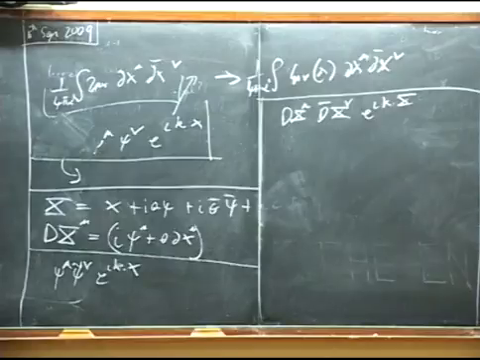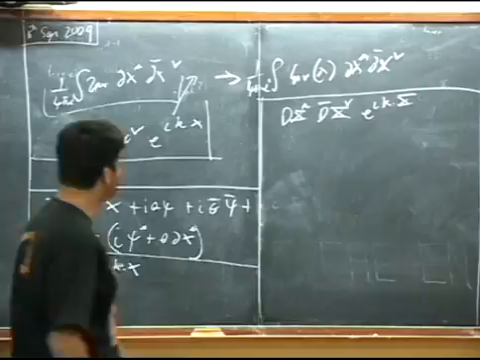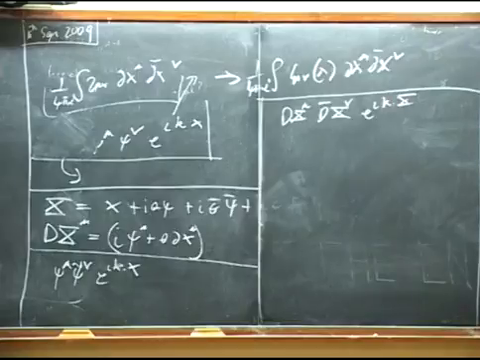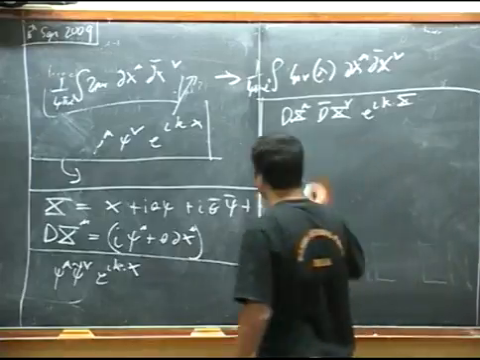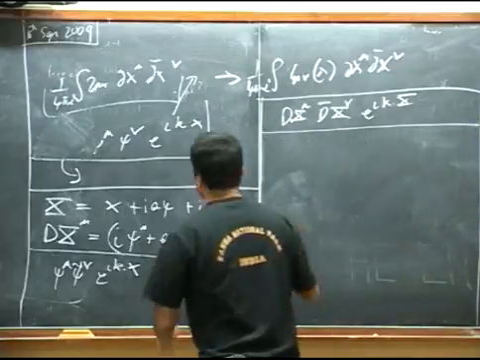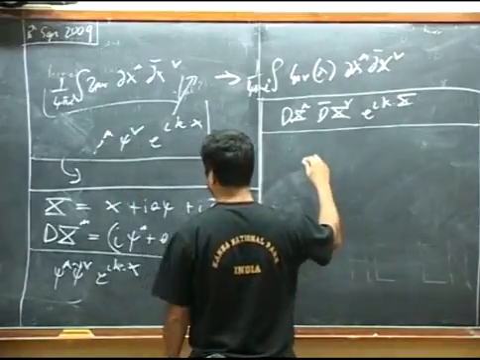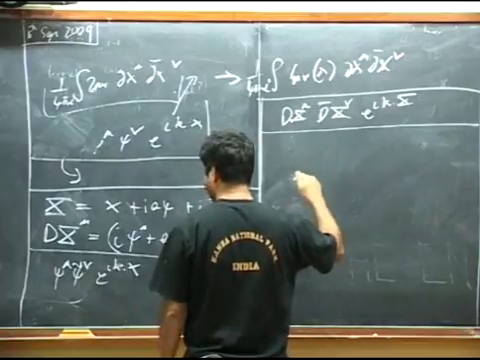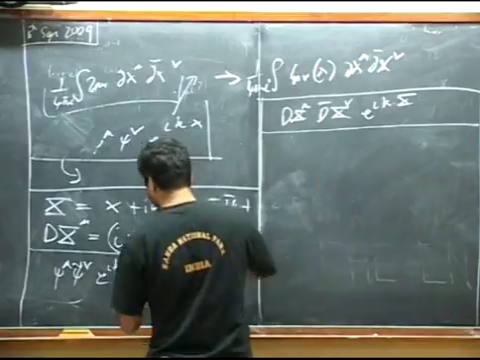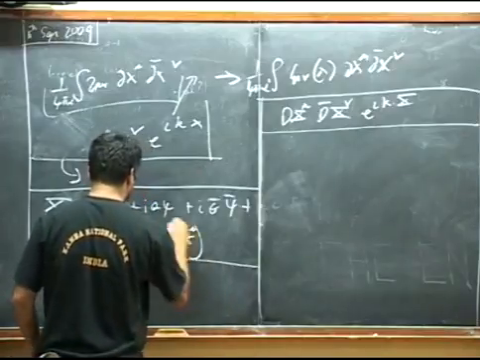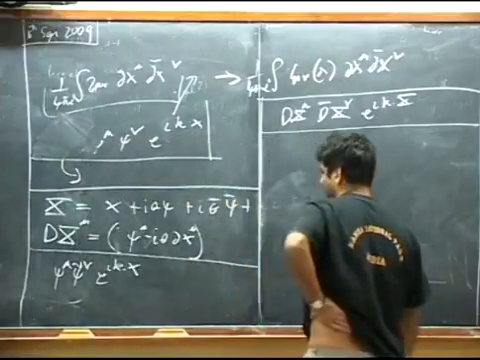Now we want the d theta bar integral of this object, which means we want to take this object, expand it to order theta bar and look at the coefficient of theta. So let's do that expansion. Let me do the expansion as honestly as I can, and I might have to fudge some i's and so on.